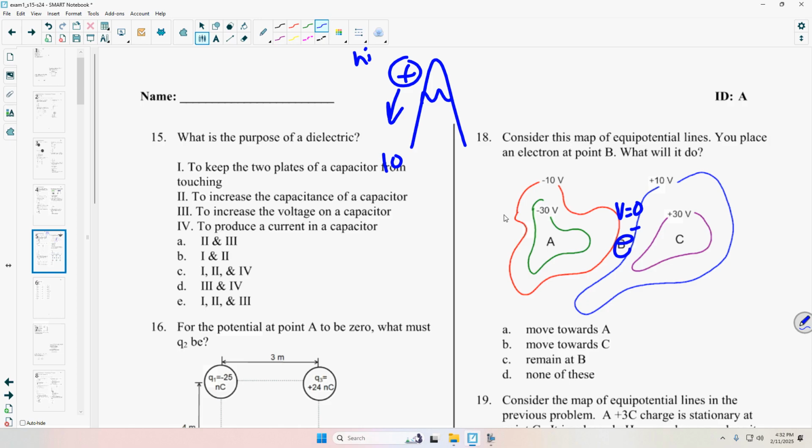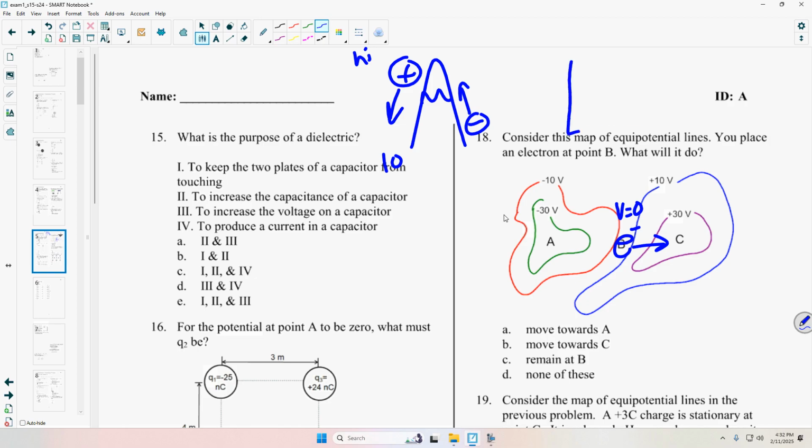So here an electron is going to move towards point C, because it's moving from low potential to high potential.